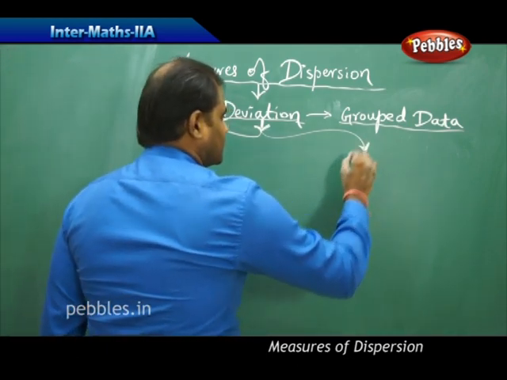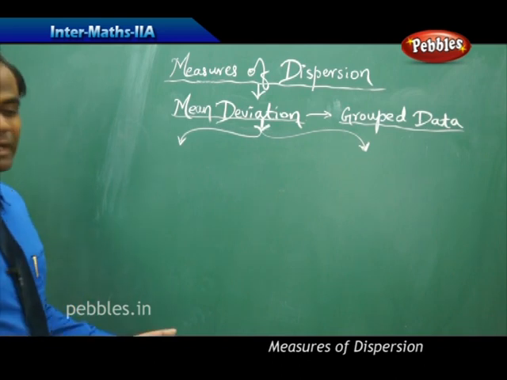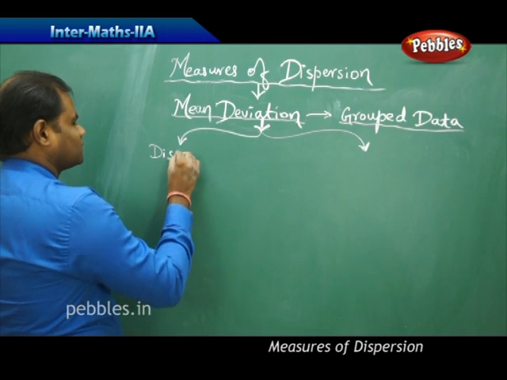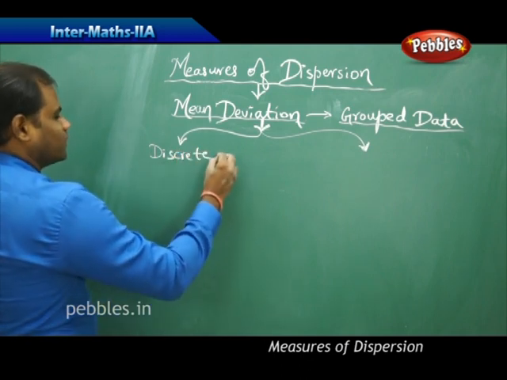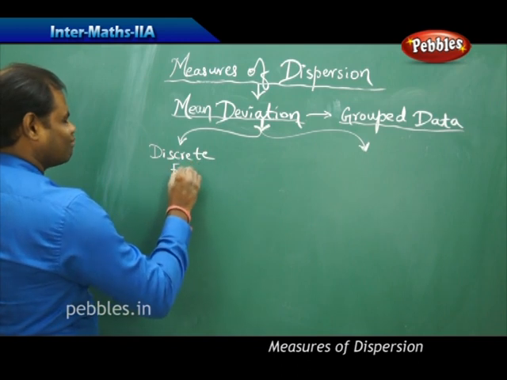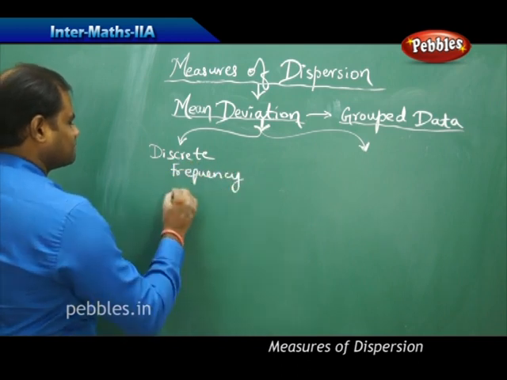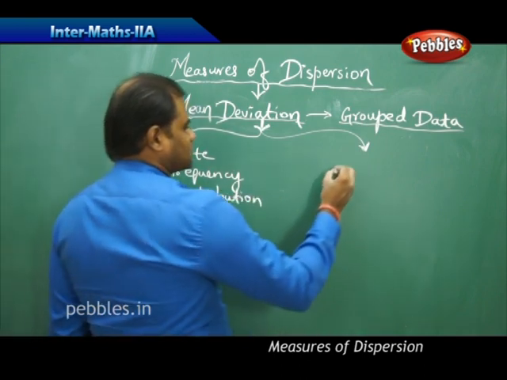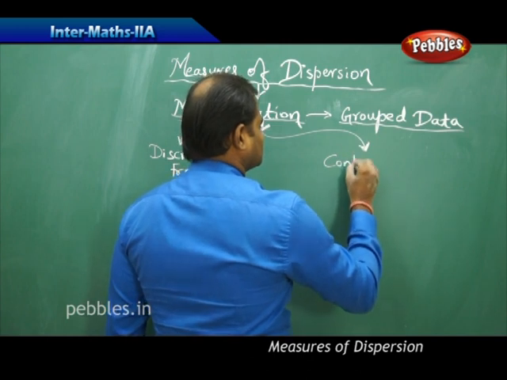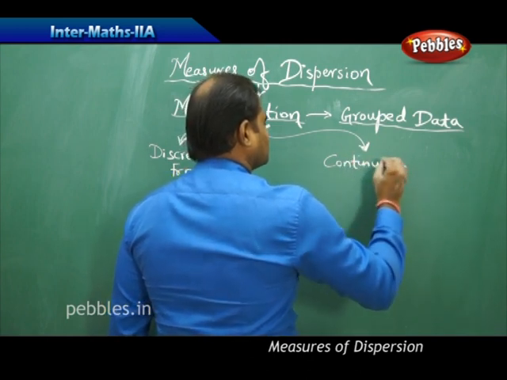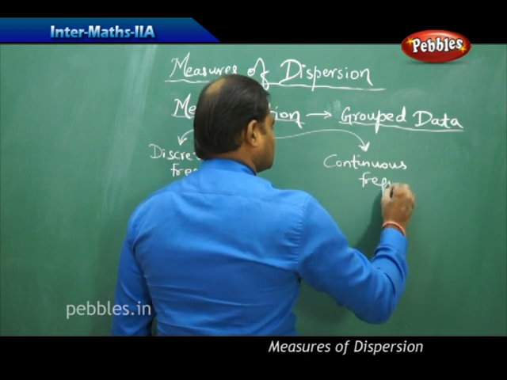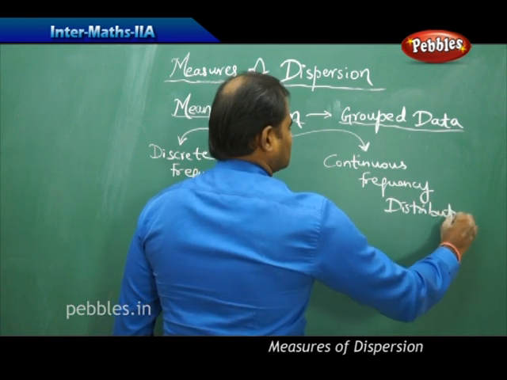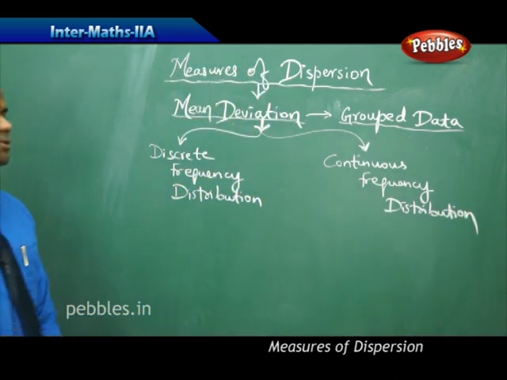As we have studied, grouped data is again classified into two types, where we have discrete frequency distribution and the next is continuous frequency distribution.